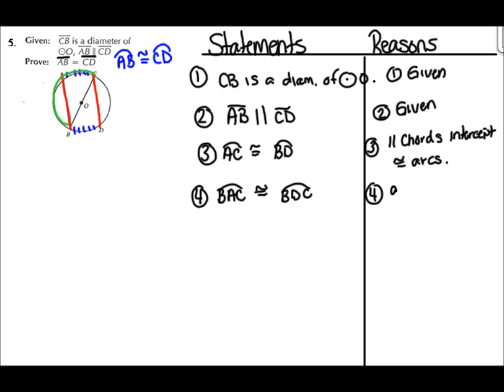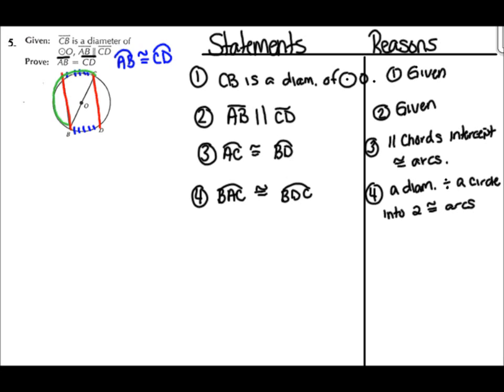That reason says a diameter divides a circle into two congruent arcs. Okay, now we have too much of the arc. Before I didn't have the arc at all, and now I have too much. So what can I do with the two arcs that I now have in my proof?